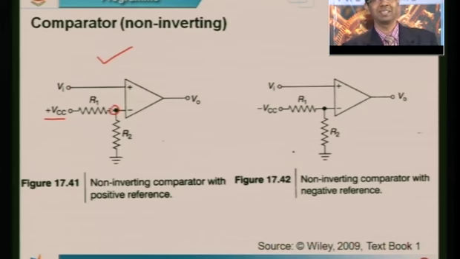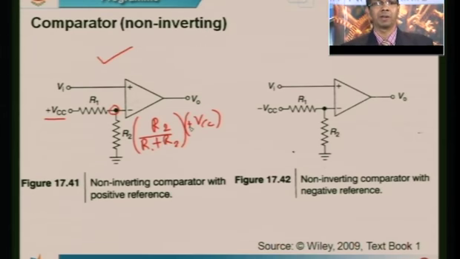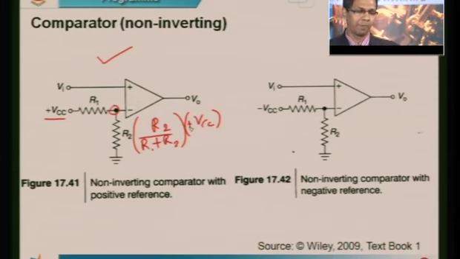So the voltage we see at the inverting pin of this amplifier is R2 divided by R1 plus R2 multiplied by the applied voltage which is plus VCC. So we are comparing the input voltage Vi with a positive reference voltage given by VCC times R2 divided by R1 plus R2. This is actually a voltage divider network.